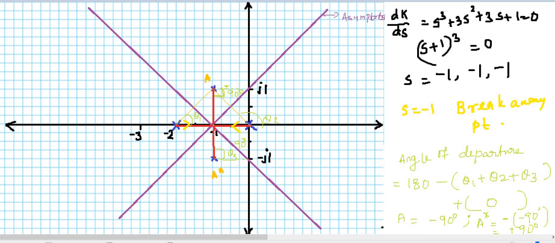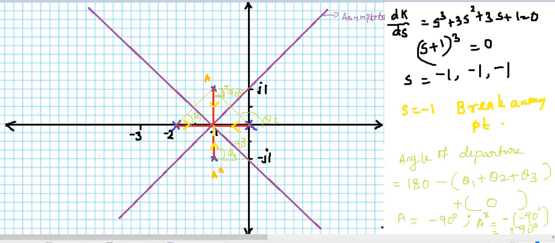So the two root locus branches that start from the complex pole A will come to minus 1 through the angle of departure minus 90 degree, and from complex pole A complement they will come to minus 1 through the angle of departure plus 90 degree.